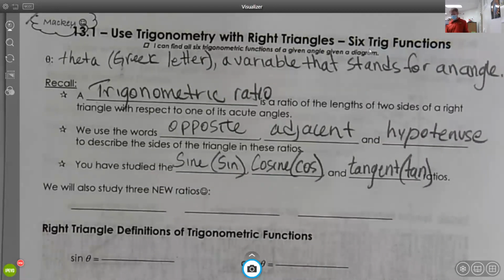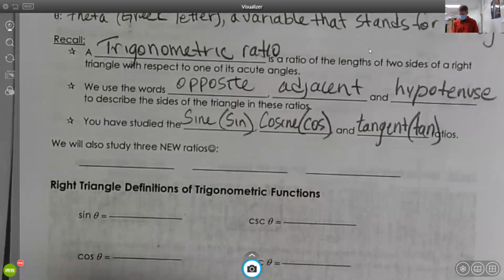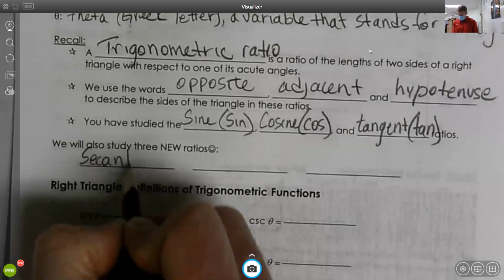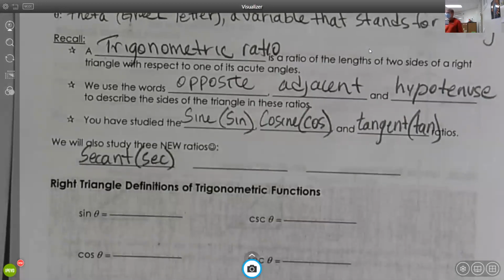We have 3 new trig functions to talk about. We have secant, which is abbreviated S-E-C.